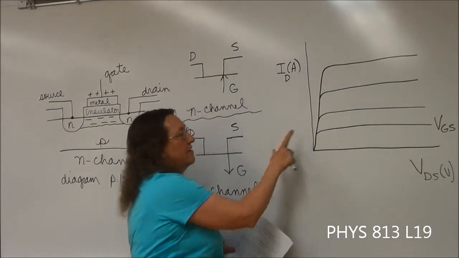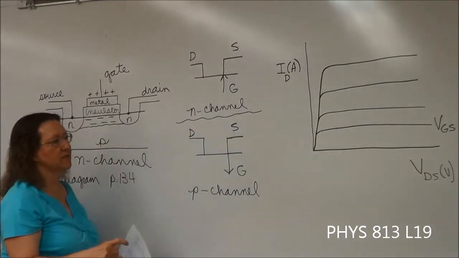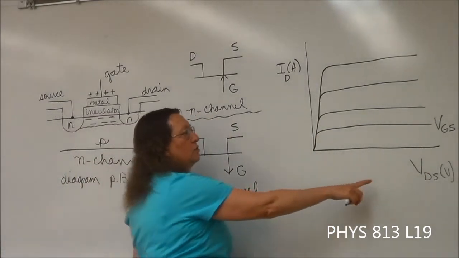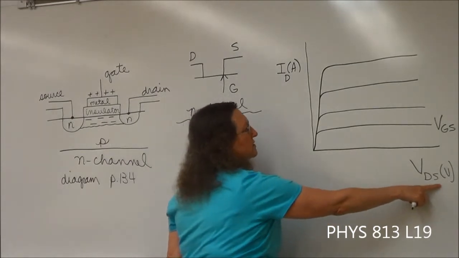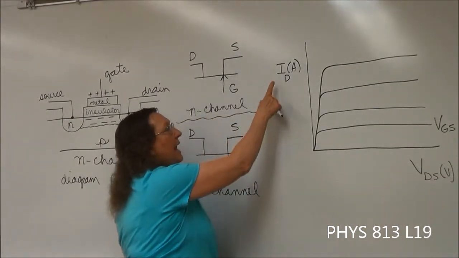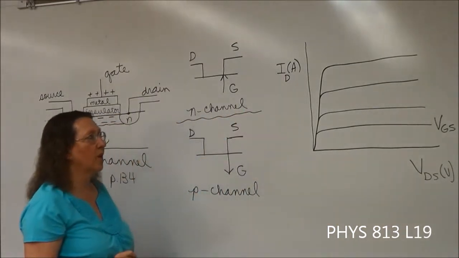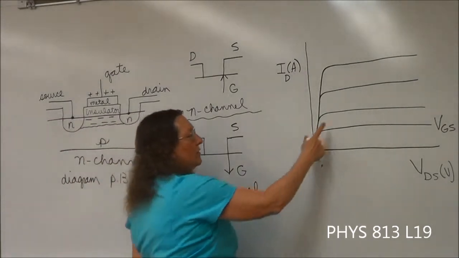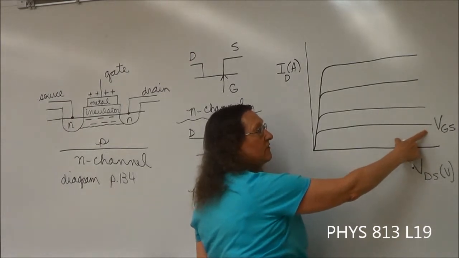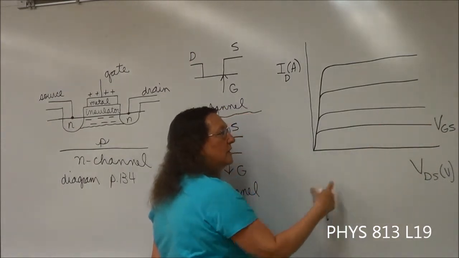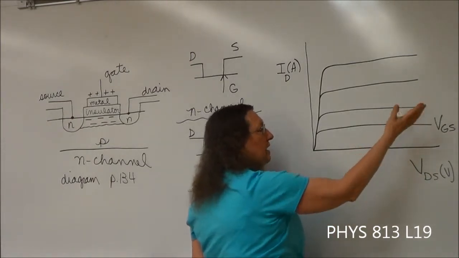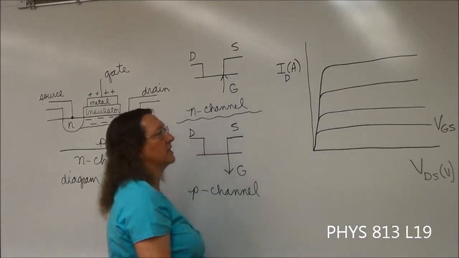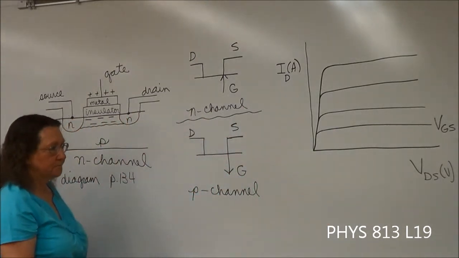You apply that and keep that constant, and then you change the drain source voltage and you monitor what the drain current is. So this may be positive, like 5 volts, which is what we're going to use, or 10, or 4, or 5, or 6, that sort of thing.